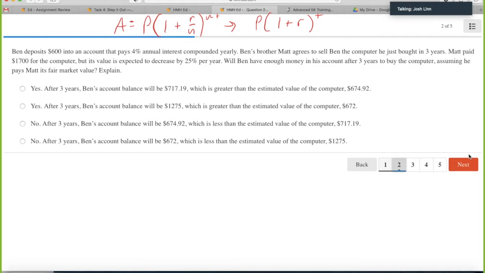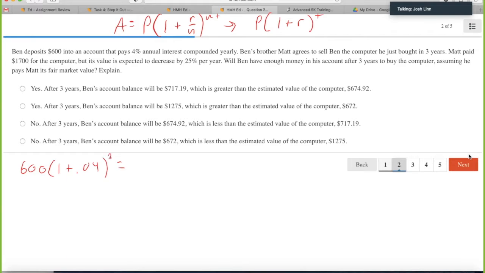So step one, it's compounded annual interest yearly. Sweet. So our principal is $600. Our rate is 0.04. Since it's compounded annually, our n is 1, so I don't want to say it drops out, but we don't have to worry about it. And our time is 3 years.